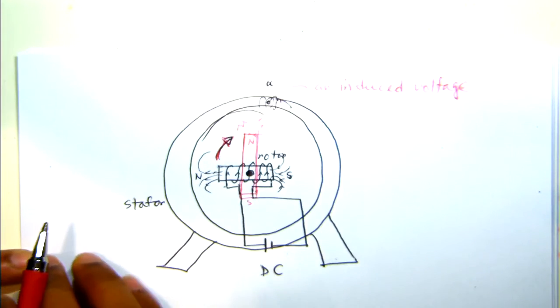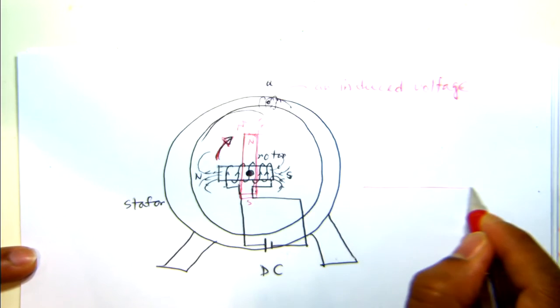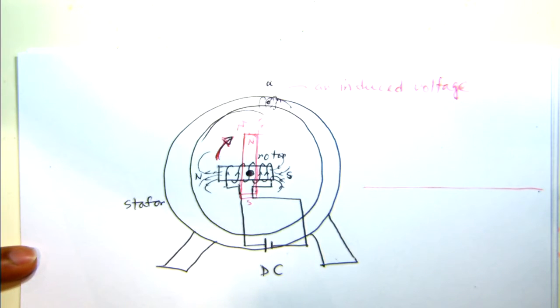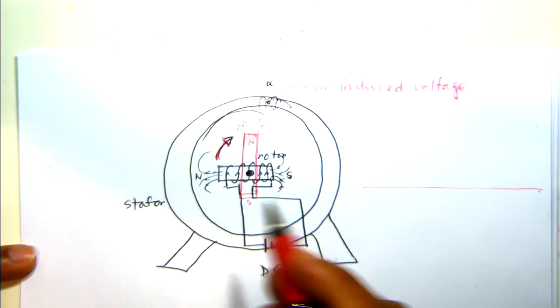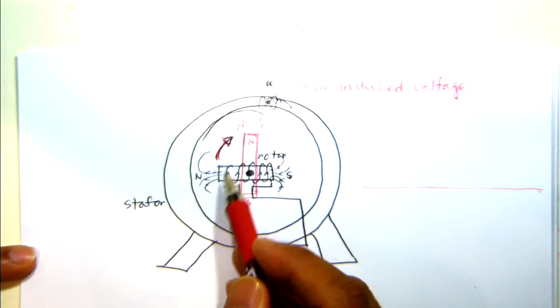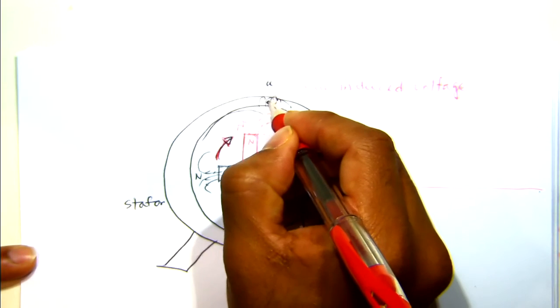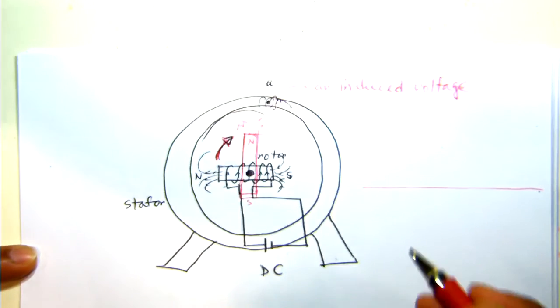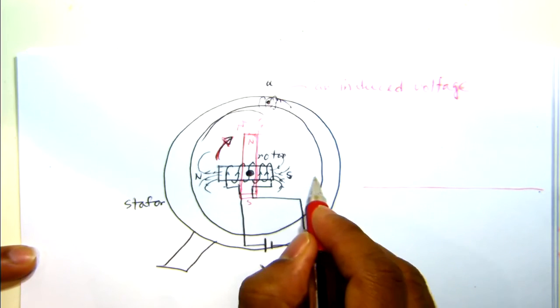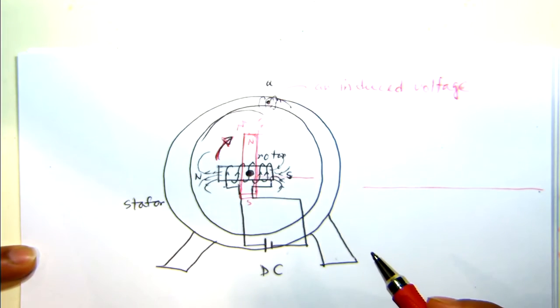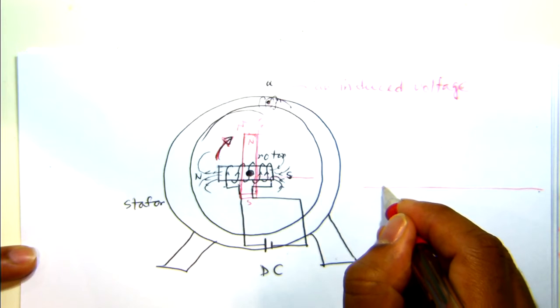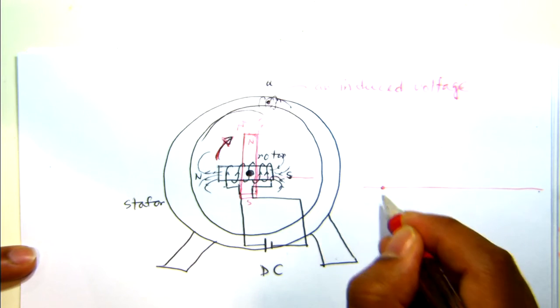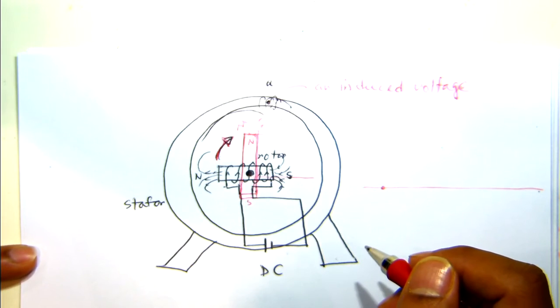Now if we look at the intensity of the magnetic field or magnetic flux, considering that I am sitting here. When your rotor is in this direction, there is very low magnetic flux, so the induced voltage will be very low.